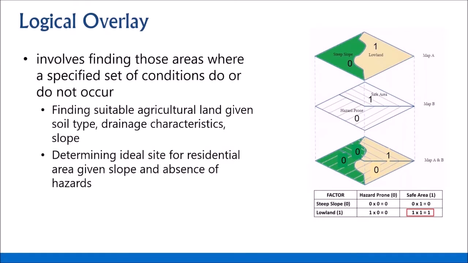And the second type is your logical overlay, which involves finding the areas where a specified set of conditions do or do not occur.